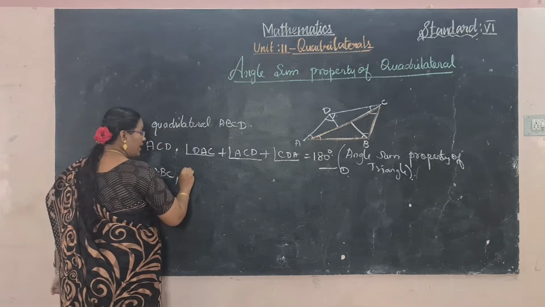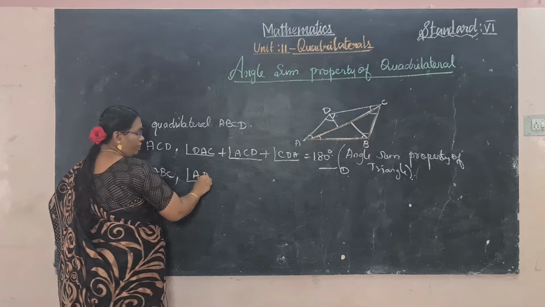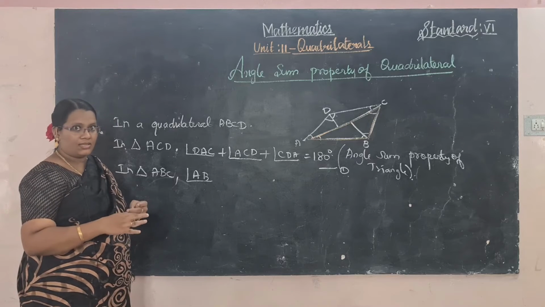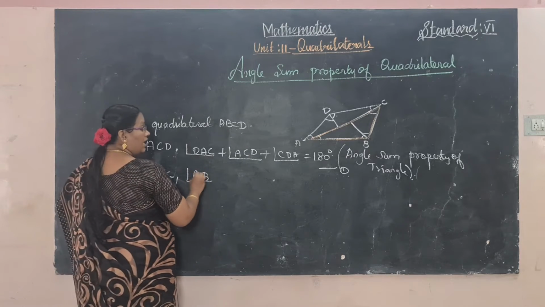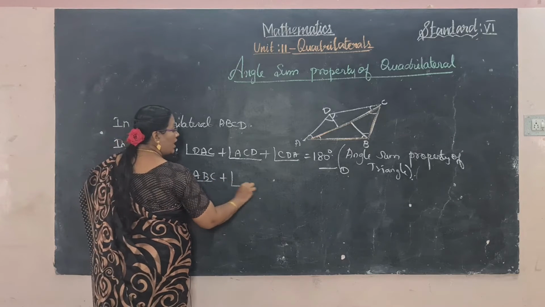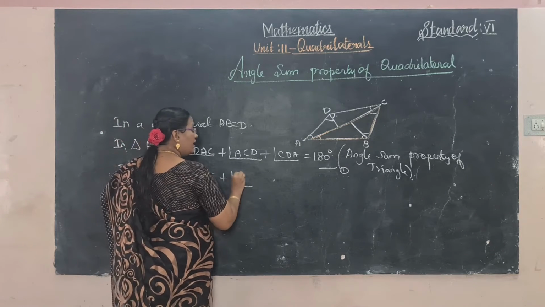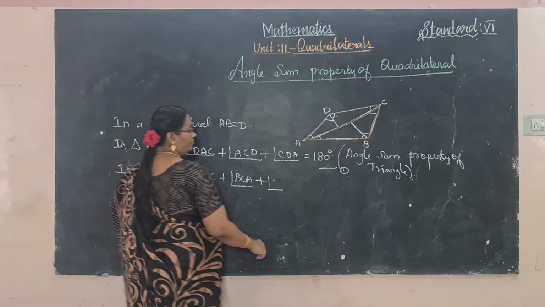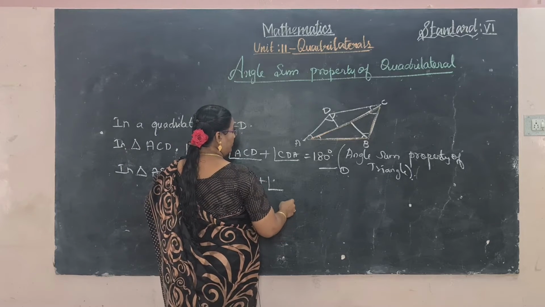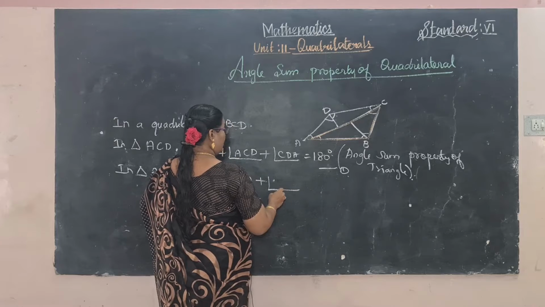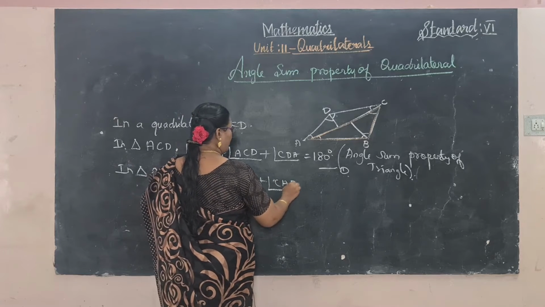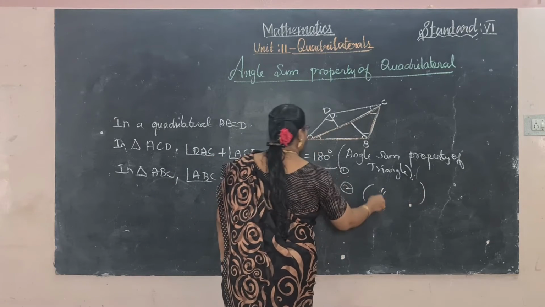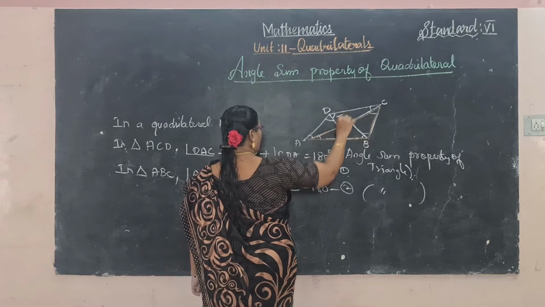So angle ABC plus angle BCA plus angle CAB equal to 180 degree. Okay, so we have considered these triangles as T1 and T2.